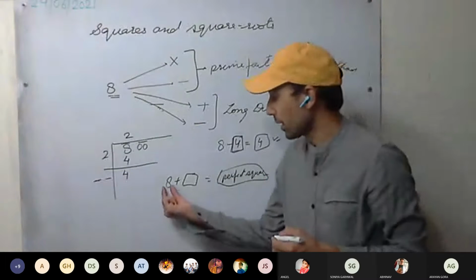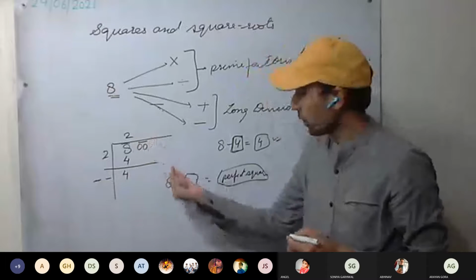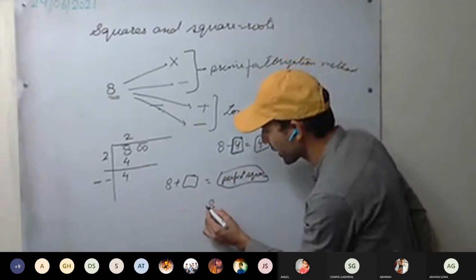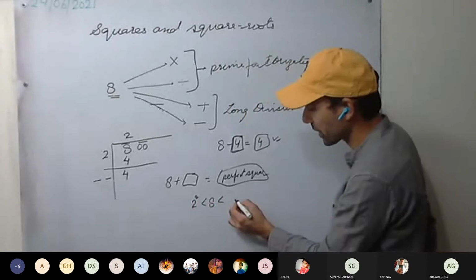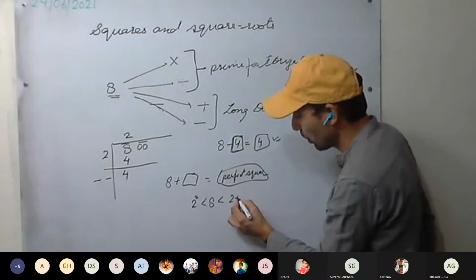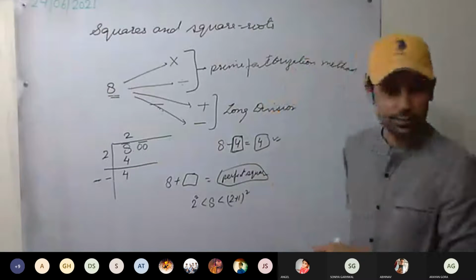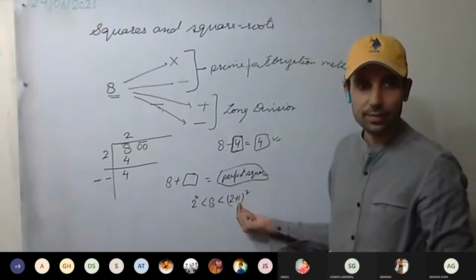Now see here, this 8 lies between the squares of 2 and something. And after addition, what will this number become? The next perfect square is what? 2 plus 1 square. Yes or no? 2 plus 1 square will be the perfect square.